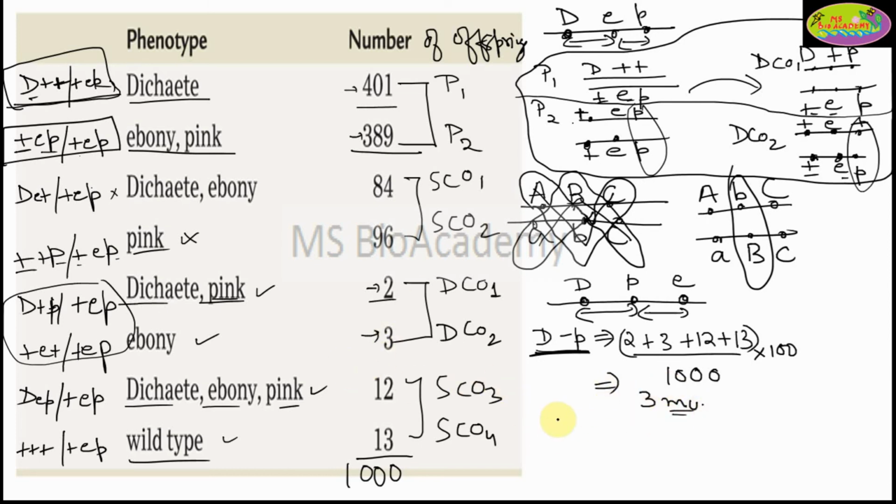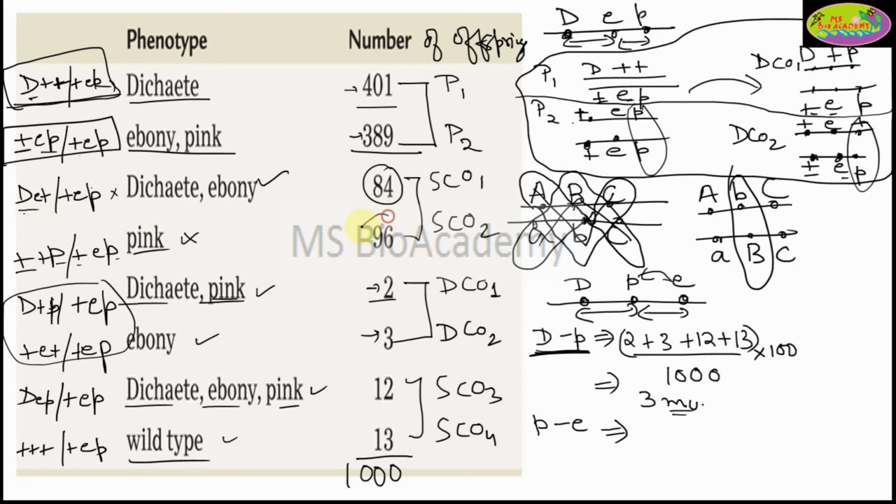Now similarly you can calculate the distance between the P and E also. So we'll calculate the P and E distance now. Check for the recombinations wherever the P and E recombination takes place. So here you can see the P and E recombination takes place. This one, P and E recombination is taking place, right? It is different from the parental one.